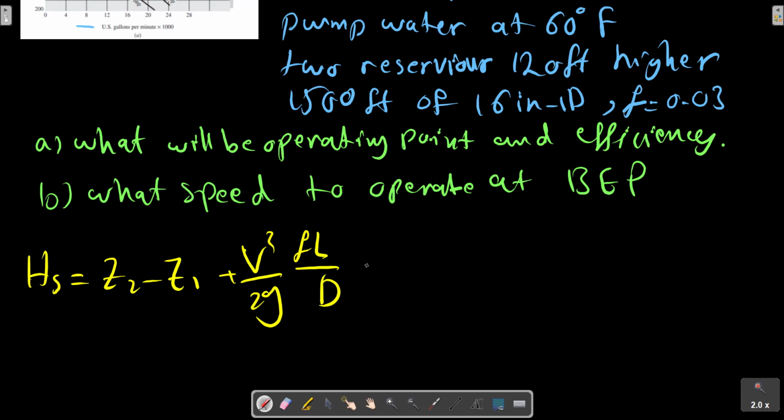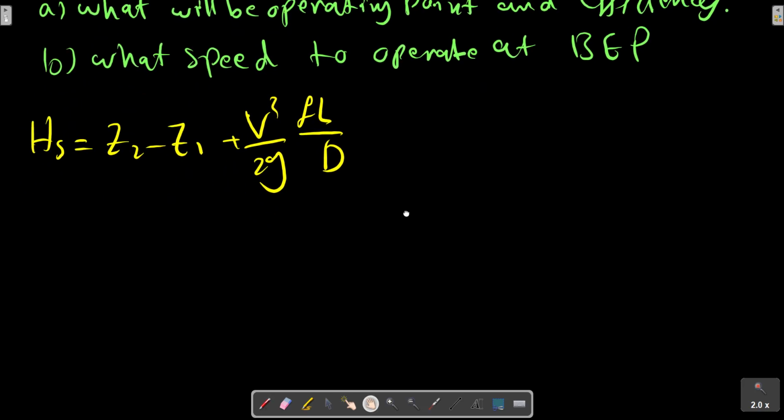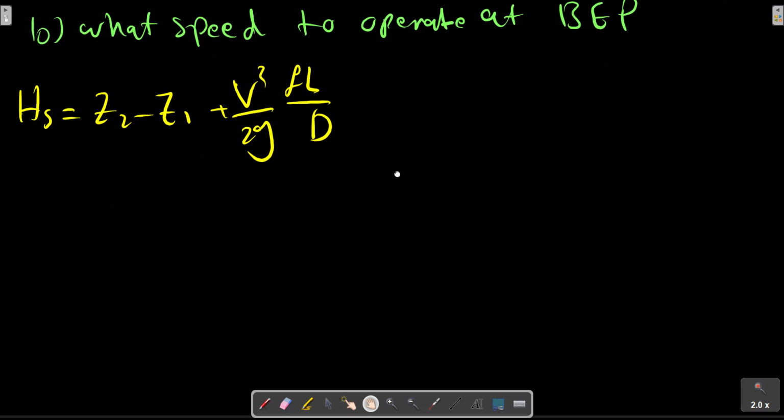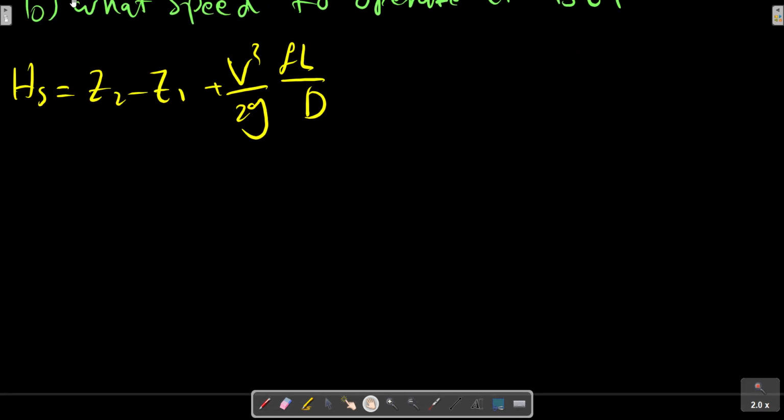The velocities are 0 and also the pressure change were neglected during simplification. Because of the equality of pressures, the head system is written as this expression.